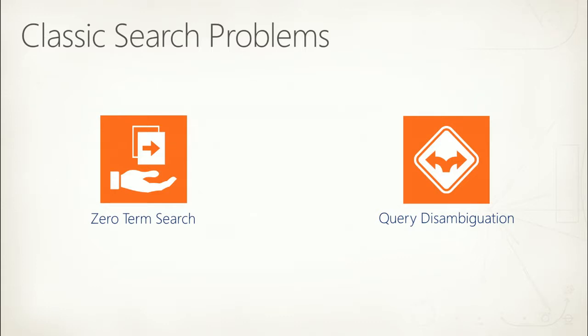The idea here is we're trying to address some of the classic search problems that we've been talking about as FAST people since I started working on FAST projects in 2005.